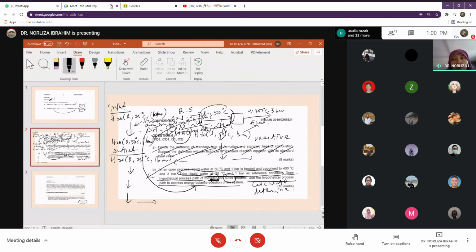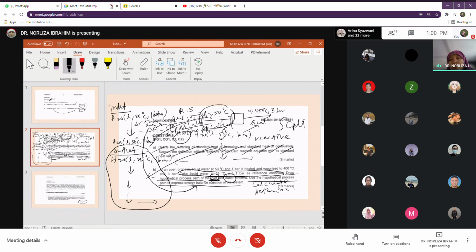CP is CP for water liquid, because at the outlet you have CP for water vapor. If you just put CP dT, then I will ask what the CP actually refers to. Because in energy balance the phase is quite critical, you put CP for water liquid, for water vapor, whatever.